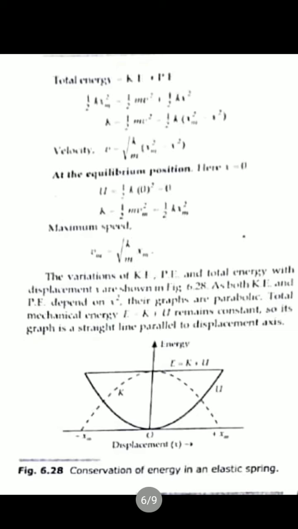So if you put the values of kinetic energy and potential energy, you get the total energy. And at the equilibrium position, x equals 0, so u equals 0, and k is maximum, you find the maximum speed. If you find the variation of kinetic energy and potential energy, you get this type of graph.